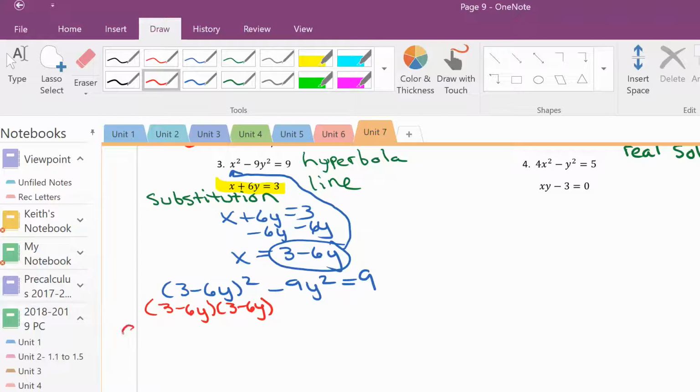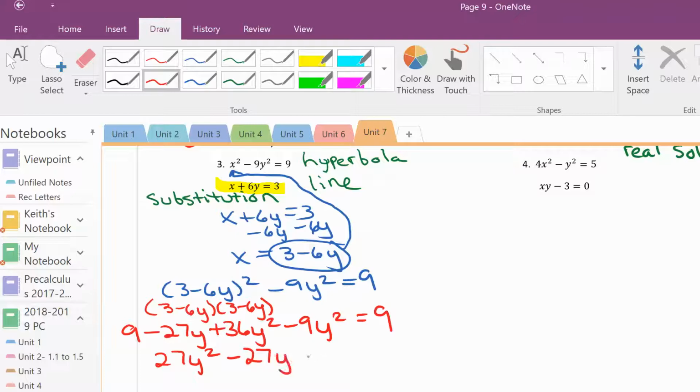So that gives you 9 minus 27y plus 36y squared minus 9y squared equals 9. So 36 minus 9 is 27y squared minus 27y, and then equals 0.